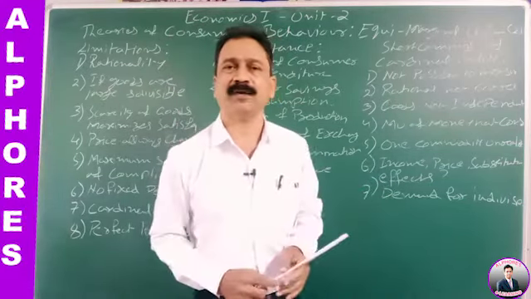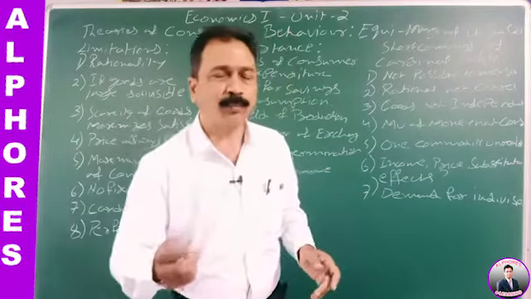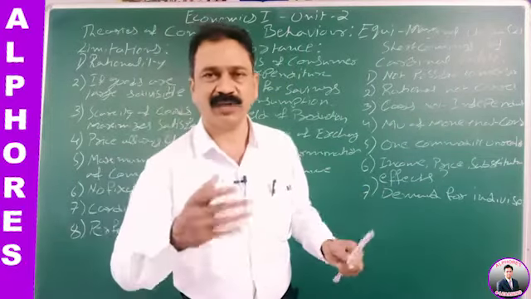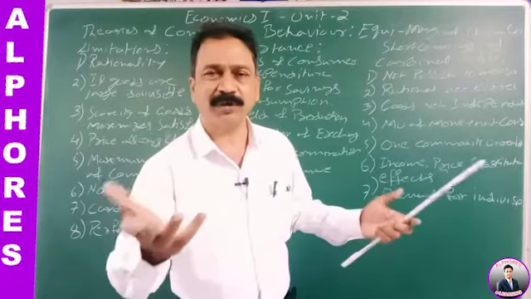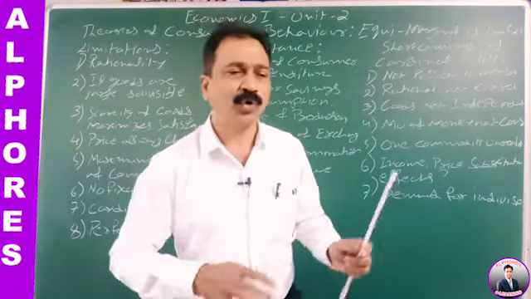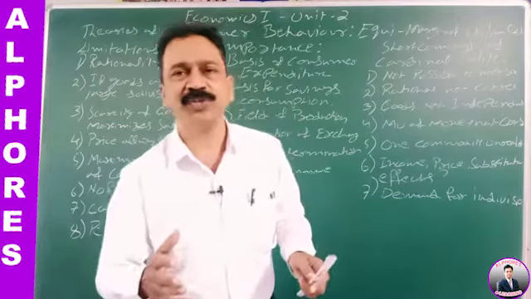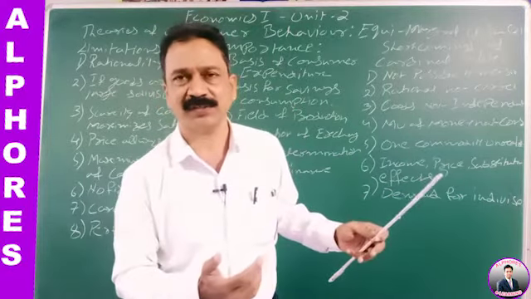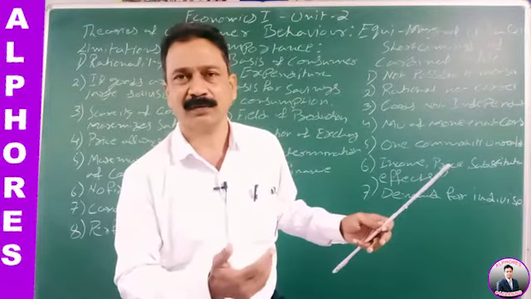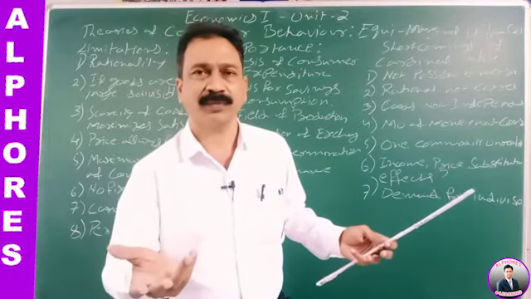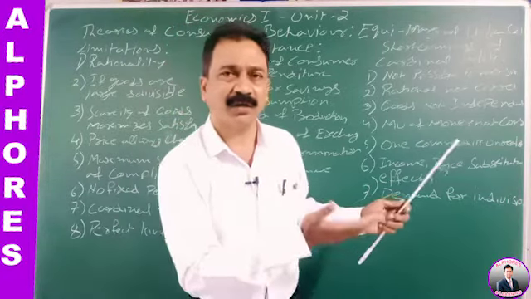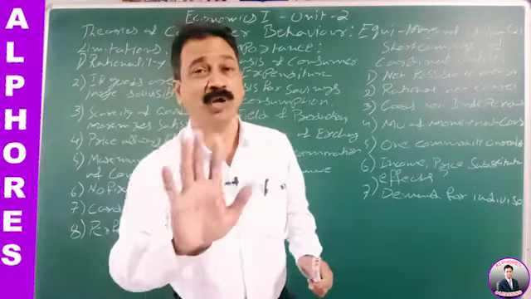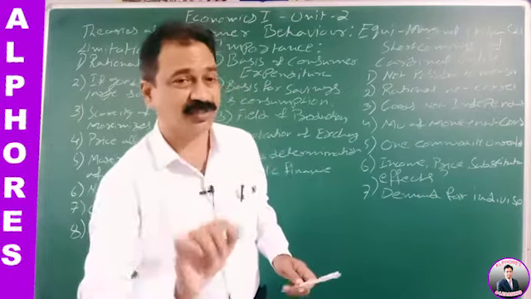Like you prefer some color, let's say yellow or blue, and you go to the market and purchase a shirt or a Punjabi dress, if it is a girl. Boys cannot go for Punjabi dresses, consider that.